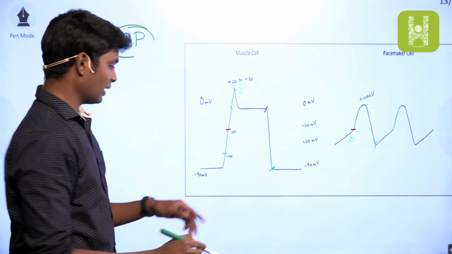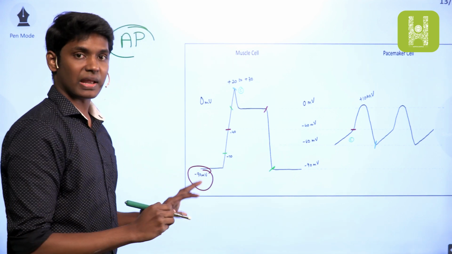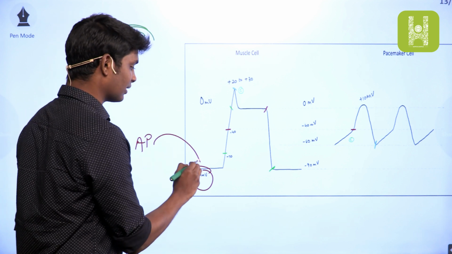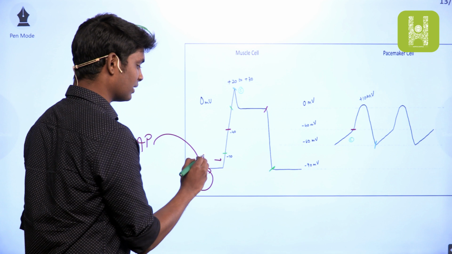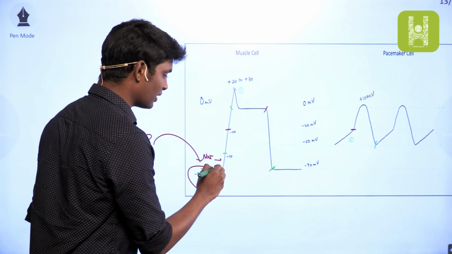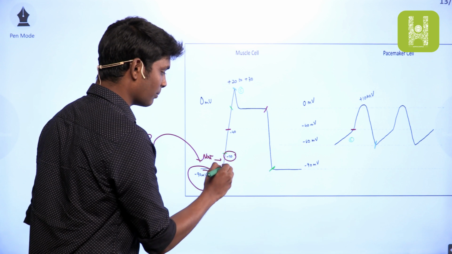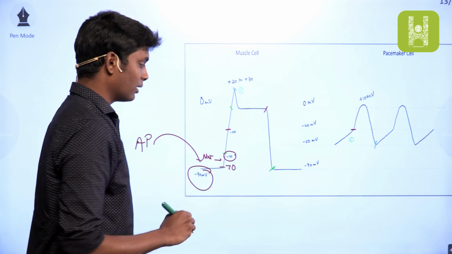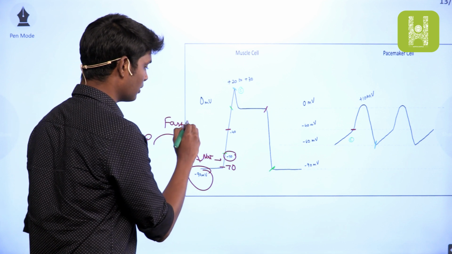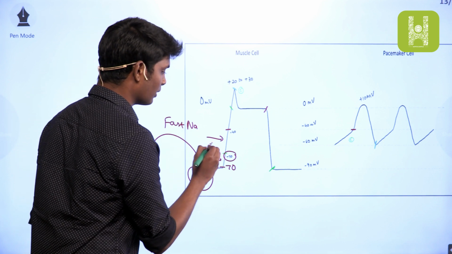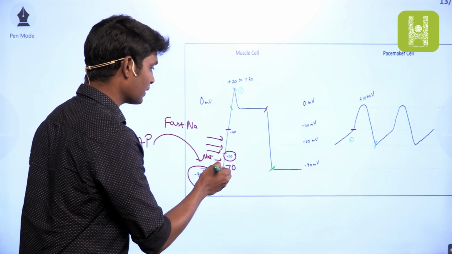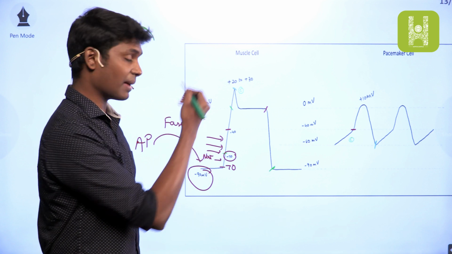Initially the cell is at minus 90 millivolt and an action potential comes and hits this cell, so that a little bit of sodium enters. When sodium enters, the potential reaches from minus 90 to minus 70. At minus 70, fast sodium channels open and sodium goes inside the cell very rapidly, so that the action potential has a very steep upstroke.